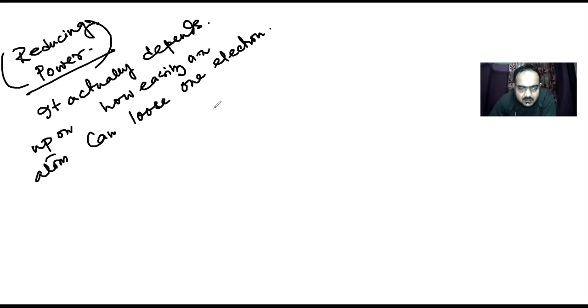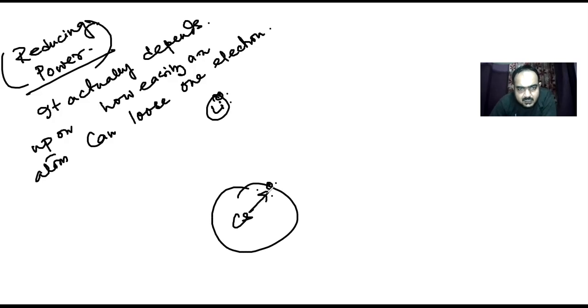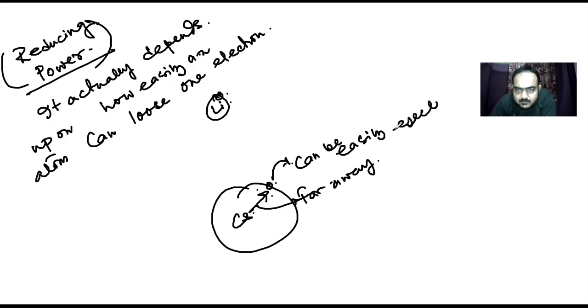So you can see lithium has a very small size and cesium has a very large size. The last electron is present here and the last electron is present here. You can see the electron is far away, so it can be easily ejected.